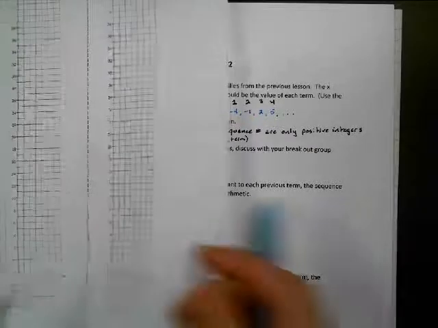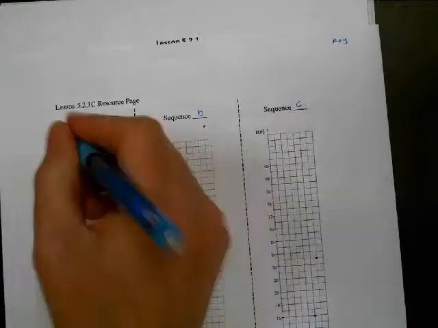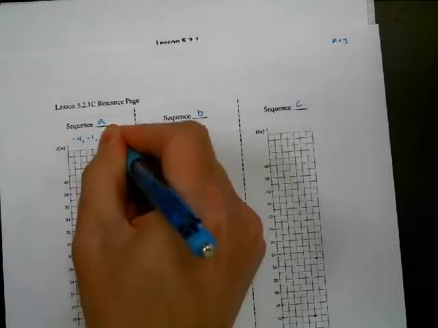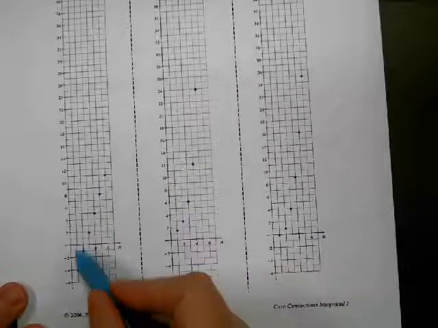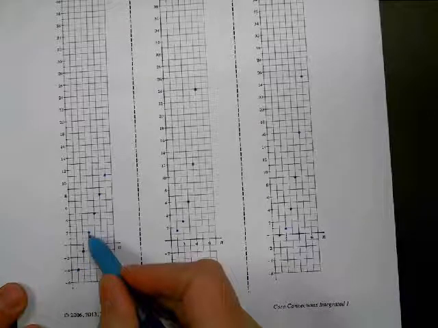So I've already done all these because I'm ahead of the game. So let's look at what we get for each of those terms. Now here's sequence A. Again, sequence A would be -4, -1, 2, and 5. Okay, so my first term's -4, so I go down here. First term, -4. Second term, -1. Third term, 2.